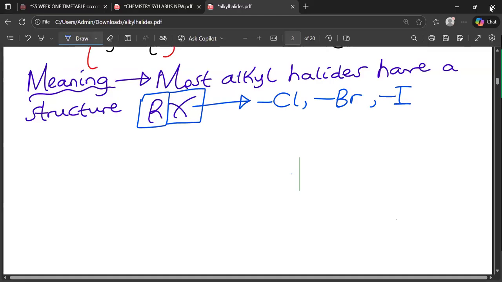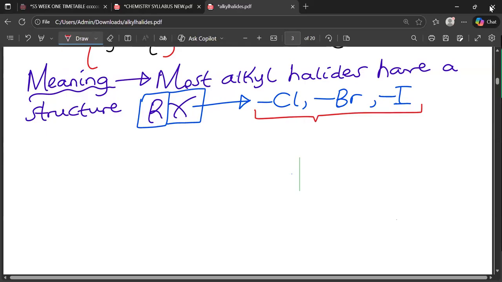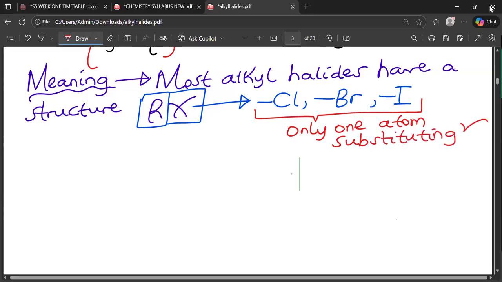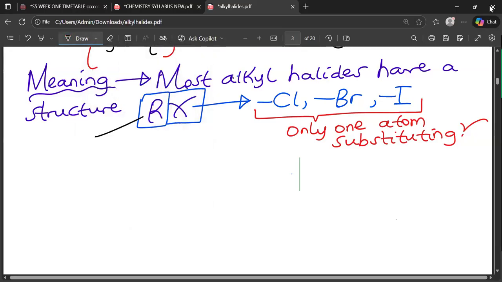I want you to listen. Since I've put there X, it's only one atom. It's only one atom substituting. Someone may be like, what do you mean by substituting? Remember we talked of Cl, I, Br substituting one of the hydrogens of the alkane. Then we said that this R is going to be our alkyl group.